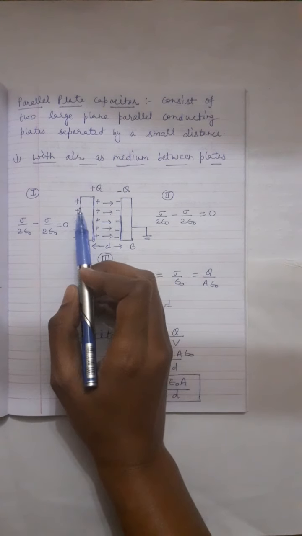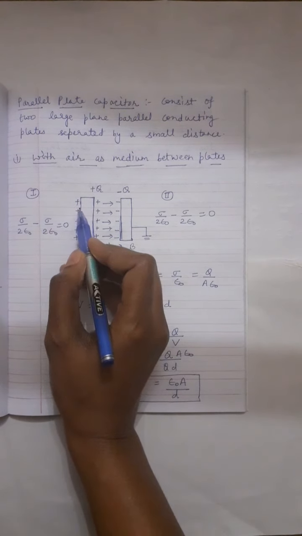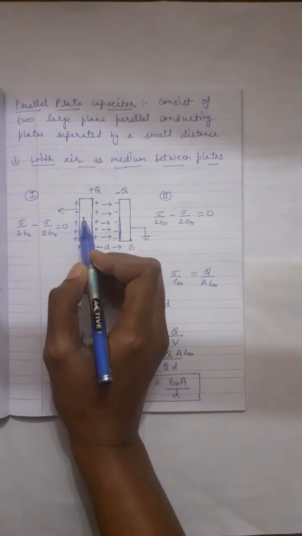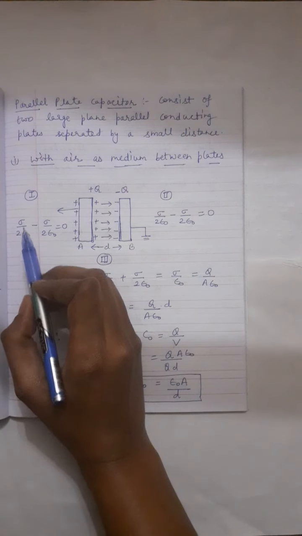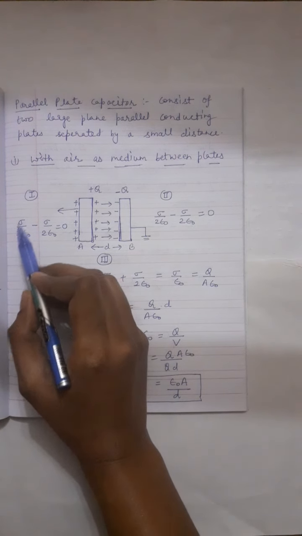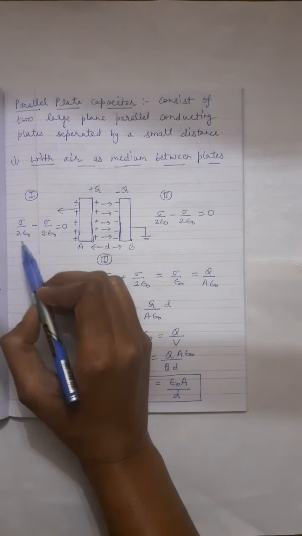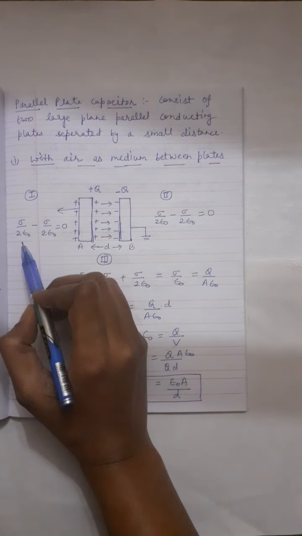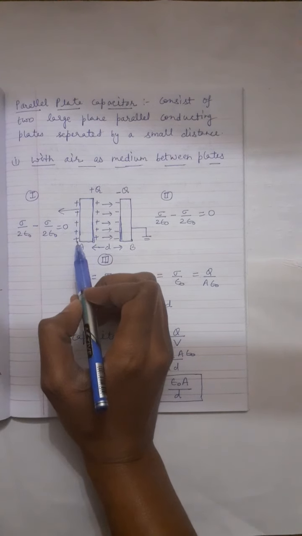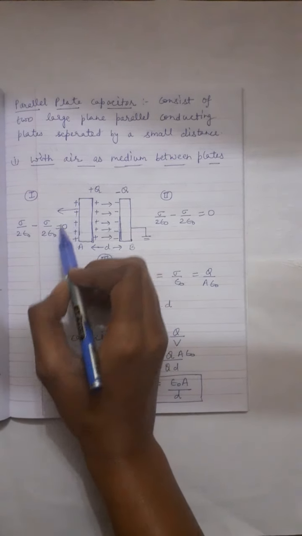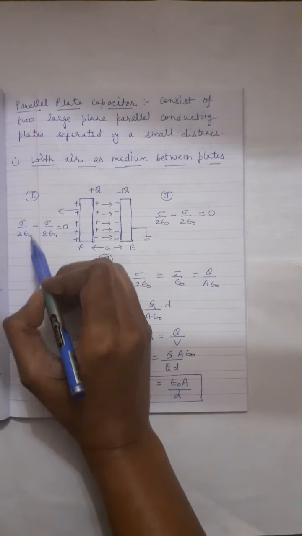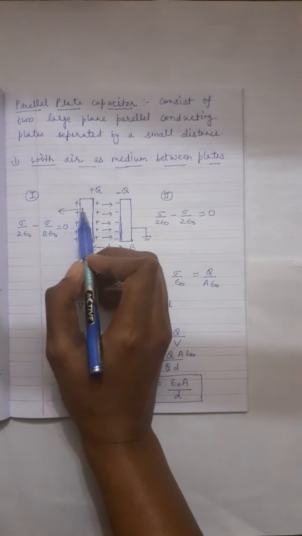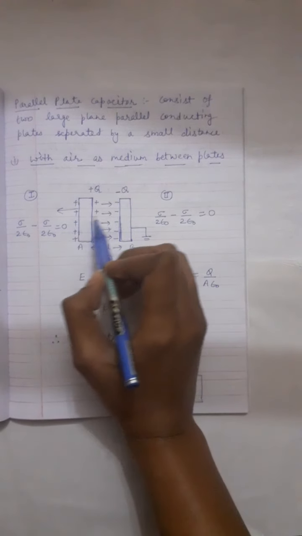The electric field due to this positive charge plate will be in the left direction, and its value is sigma upon 2 epsilon naught, as we have calculated in the previous cases, that is the electric field due to a plane charge sheet. So the value of the electric field is sigma upon 2 epsilon naught and the direction is left.